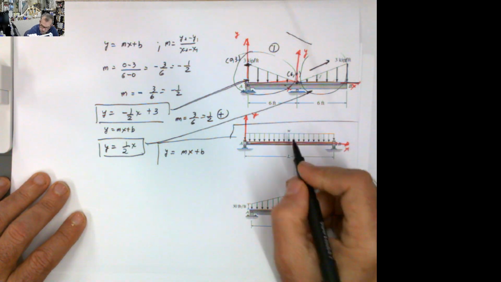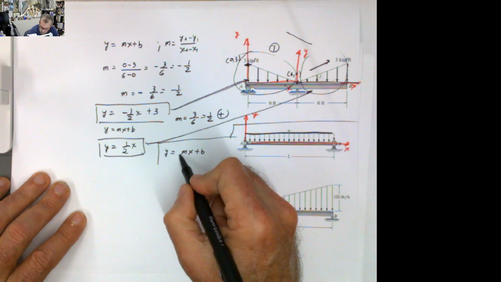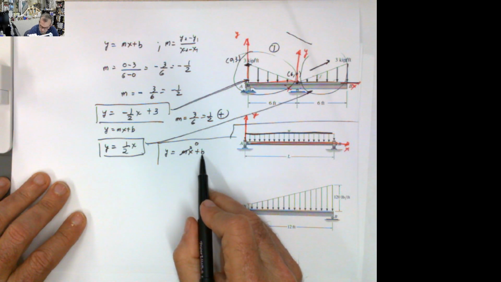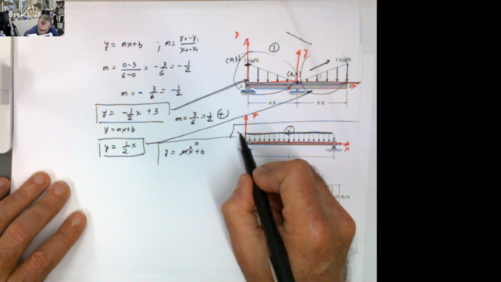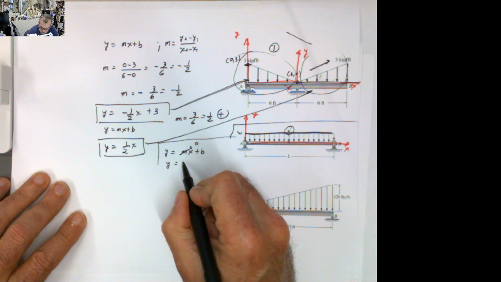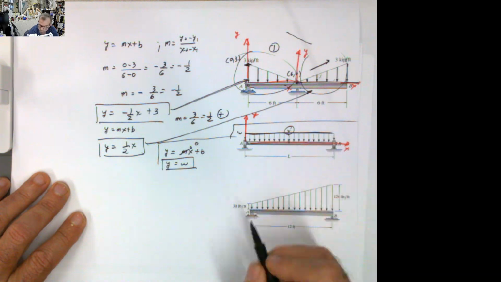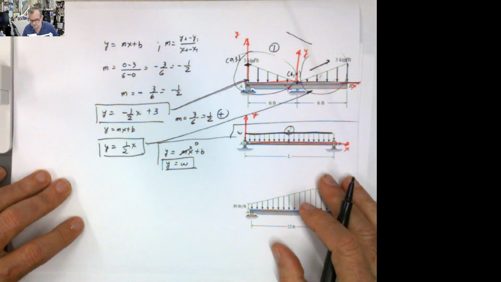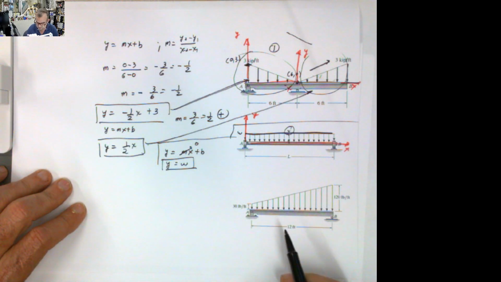When you have a horizontal line like this one, your slope is 0. So the only thing you need to know is the y-intercept, which is the height of this load, w in this case. It could be any number. So y equals w. That would be the equation of that distributed load. There's another thing that we do after that, but for now, I'm just looking for the shape of the line.